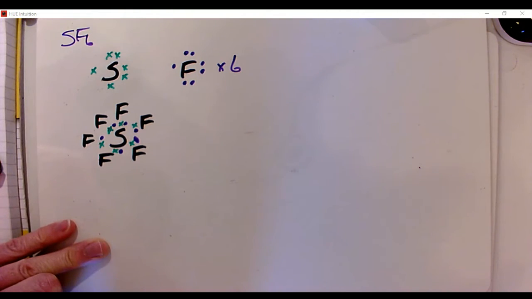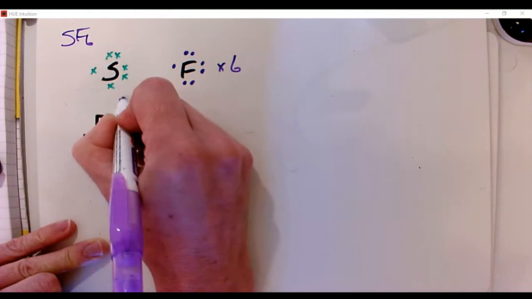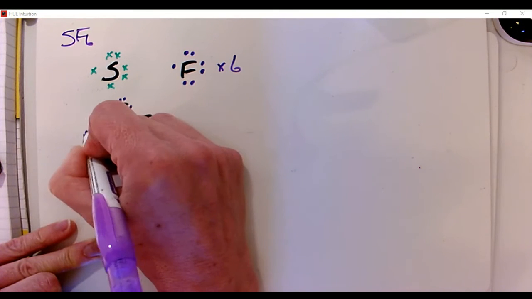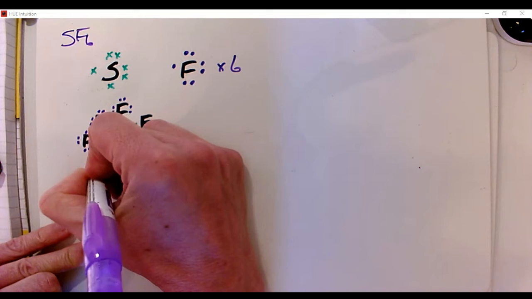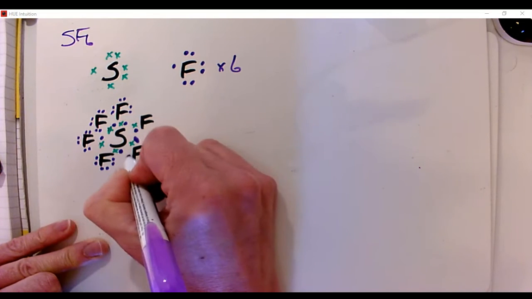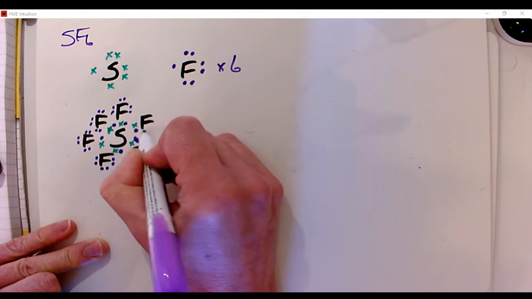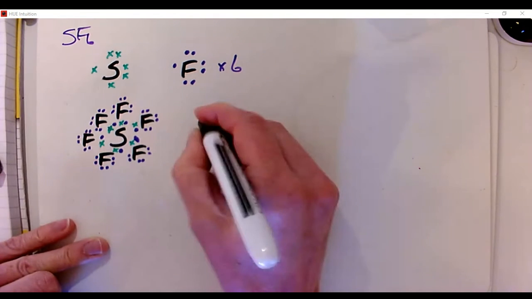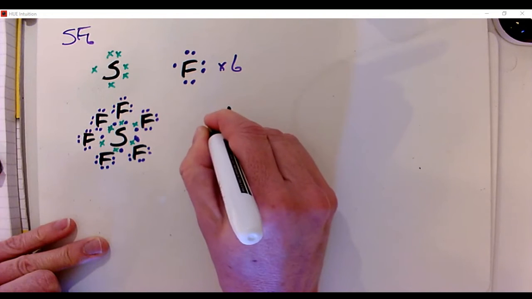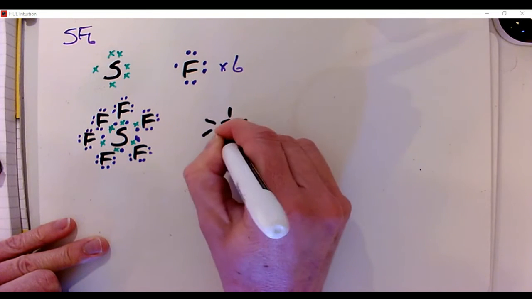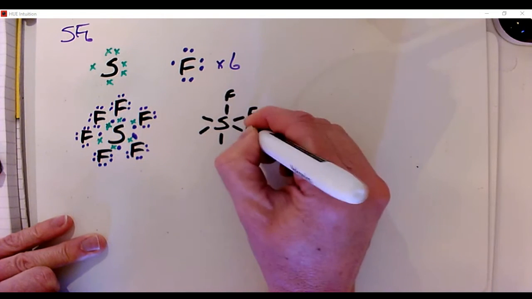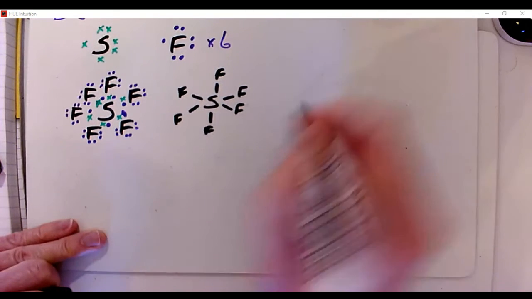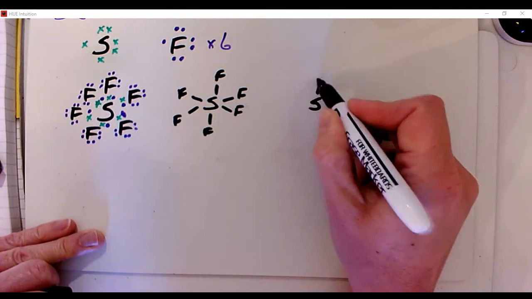Okay, and electrons in. Okay, and you could draw it like this as the line diagram. That's pretty close to its actual shape. It's called octahedral, the shape.